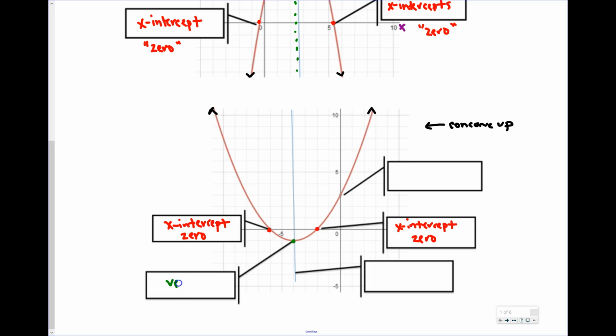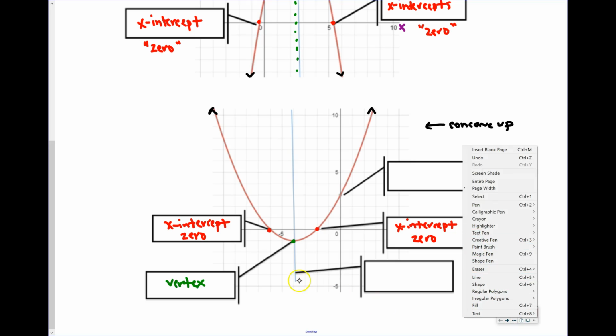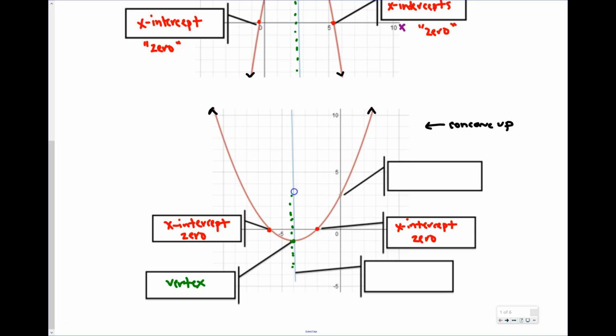So that's the vertex. It's where it starts to curve, go one direction to the other. That's where the vertex is. Your axis of symmetry is this invisible line going through there. And then finally, we have our y-intercept, which is right here.